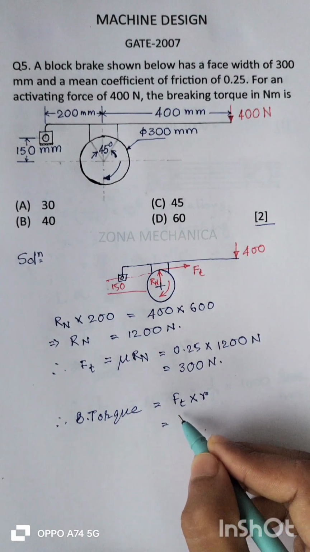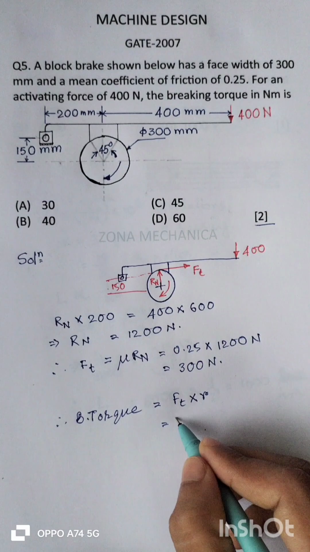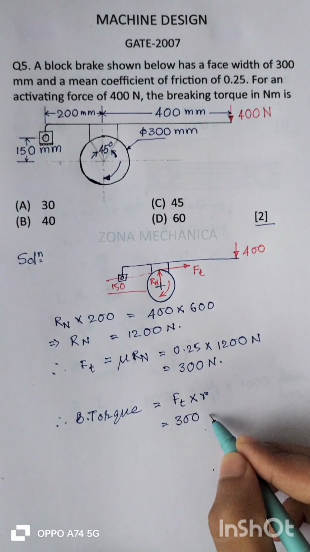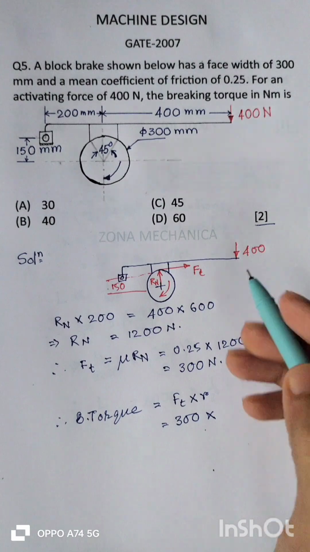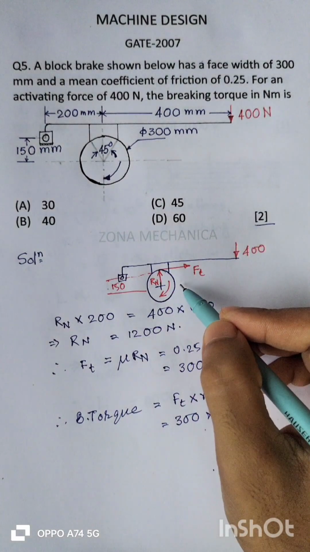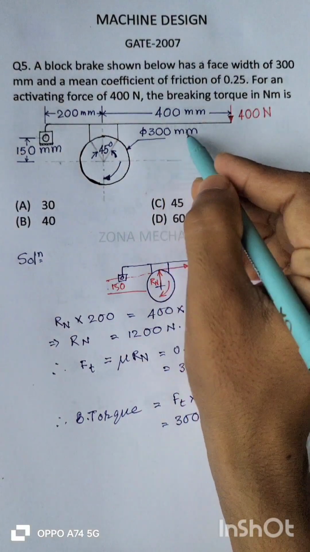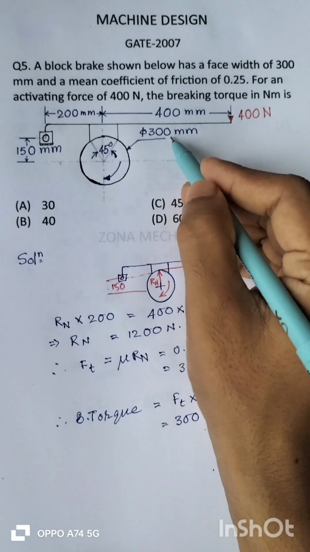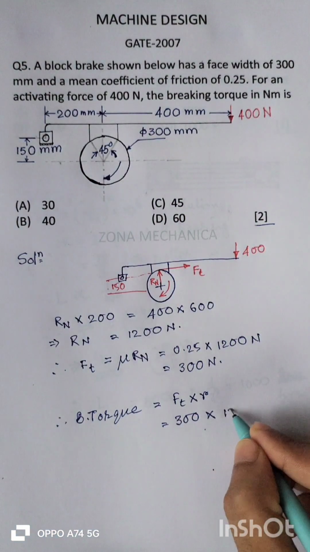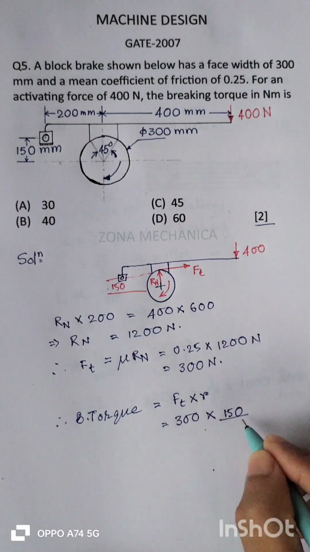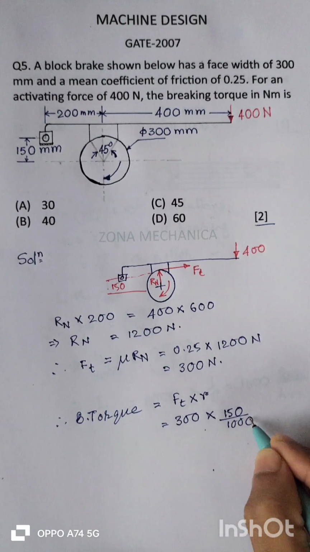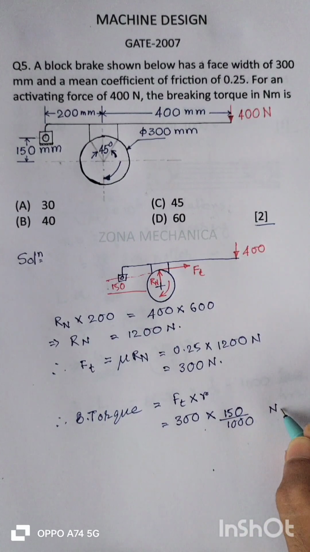So Ft we know is 300 Newton, and R is, see, diameter is 300, so 150 mm. If we divide by 1000, it will be in meter, that is Newton meter.